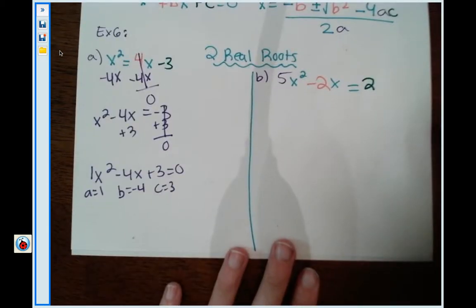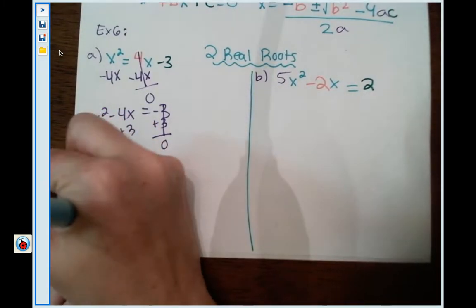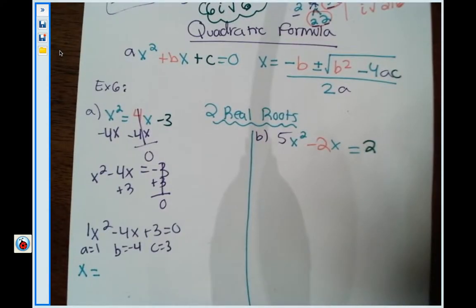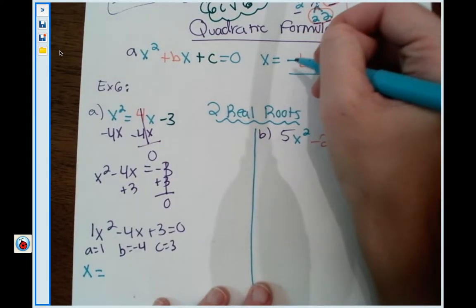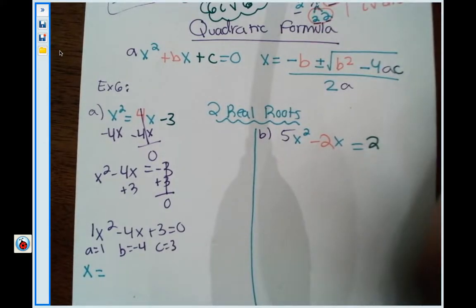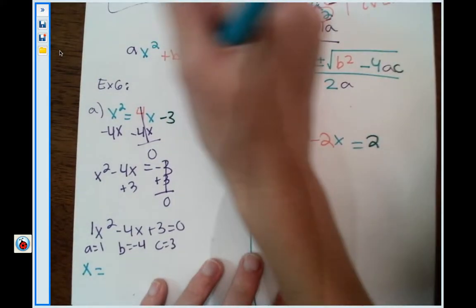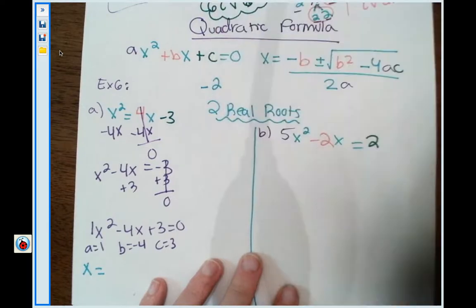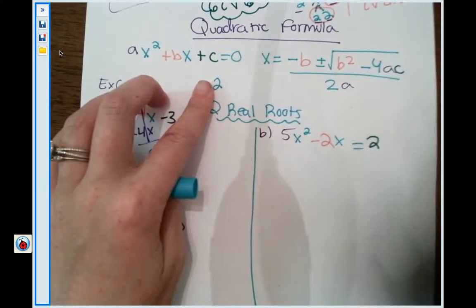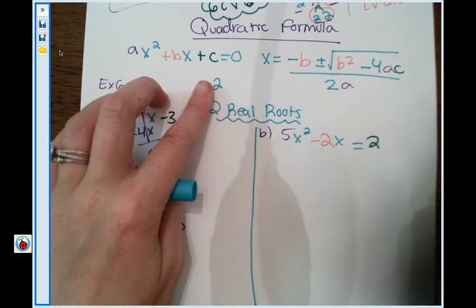So the formula says we do x equals the opposite of b. Now the reason why I say this is the opposite of b, let's think about this. This is the negative of whatever b is. So let's say that b was a positive 2. If I do negative positive 2, that becomes a negative 2.